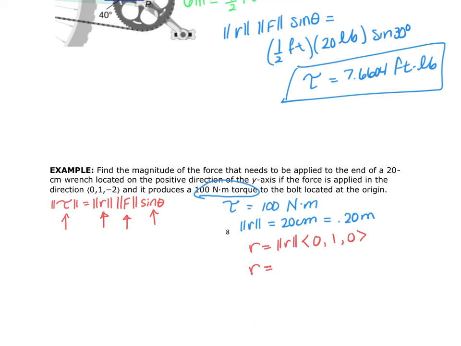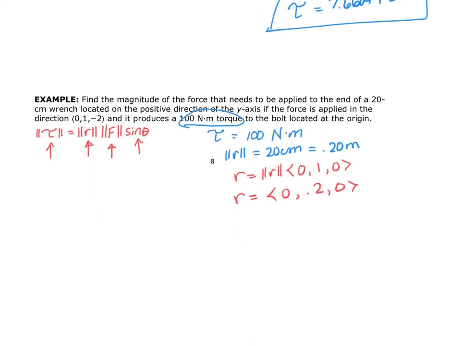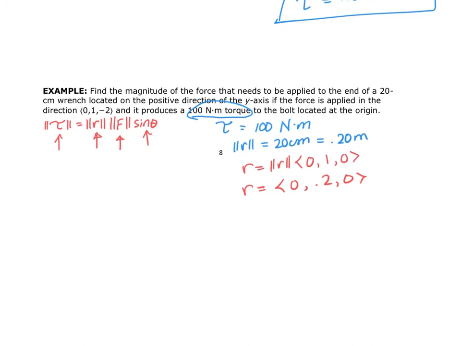So my wrench vector would be described as 0, 0.2, and 0. Now remember, I need the sine of theta. I can't go to the sine of theta without finding the cosine of theta first, because I don't have enough information to go to the sine of theta. So I'm going to find the cosine.